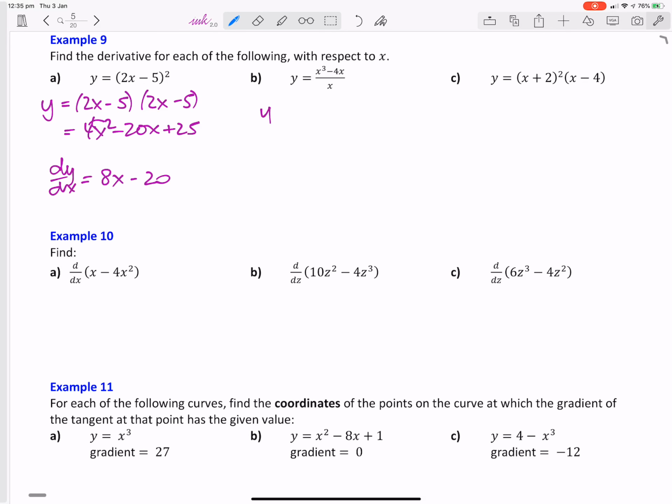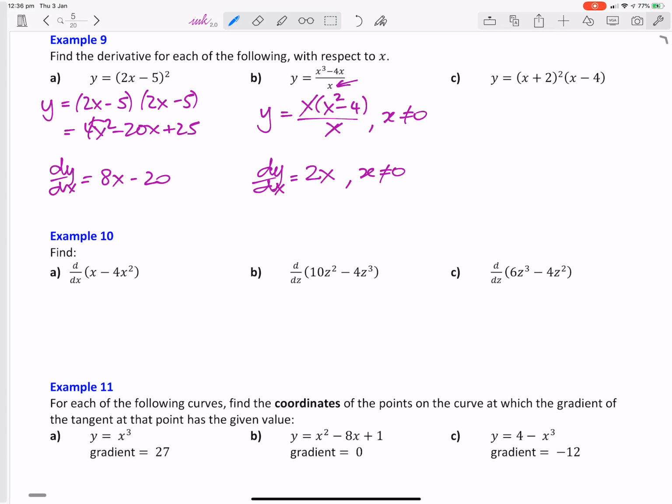So we say y is equal to, we can take out an x on top, x squared minus 4 on x, cancel them. But once we do that, we need to say x can't equal 0. Because we know we've cancelled out a 0, x can't equal 0 here. Once you cancel that out, it still can't equal 0. And then we say dy dx is therefore 2x. When we derive minus 4, we get nothing. So dy dx is 2x, x can't equal 0.